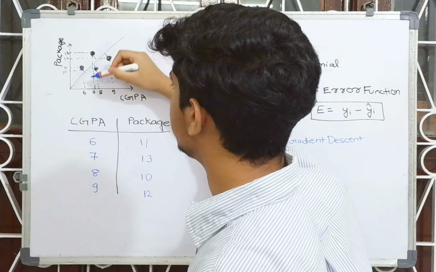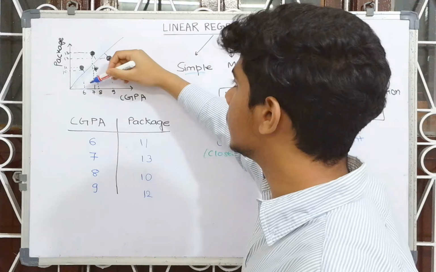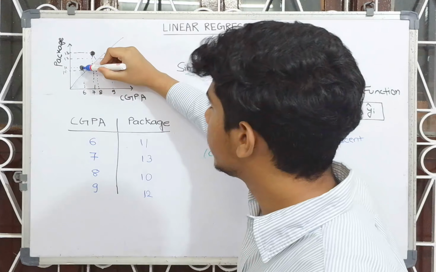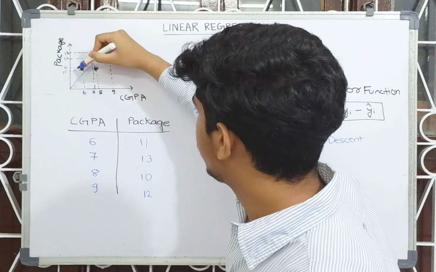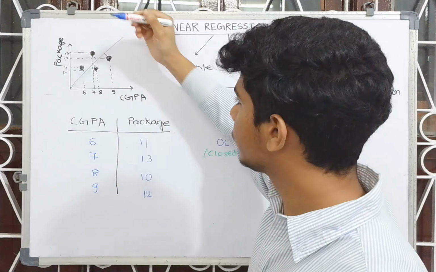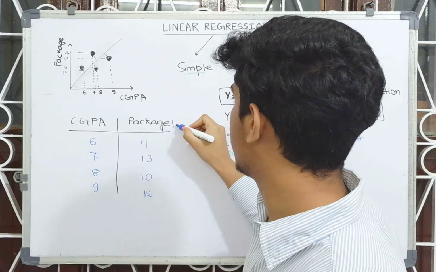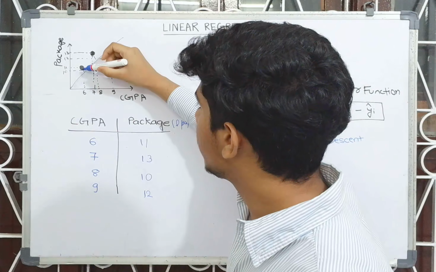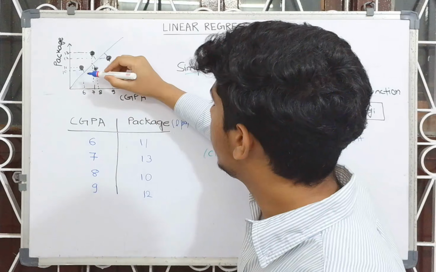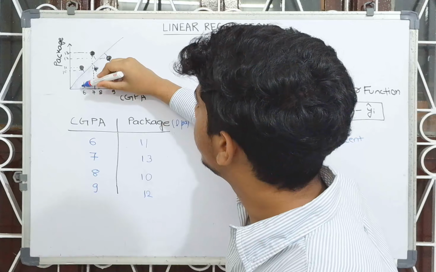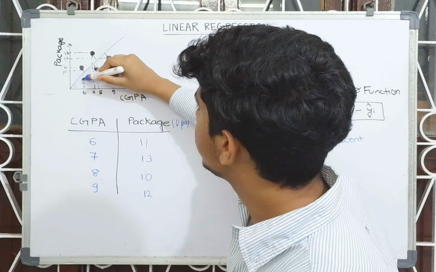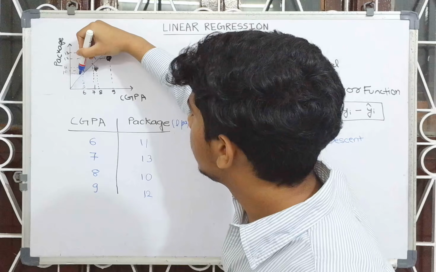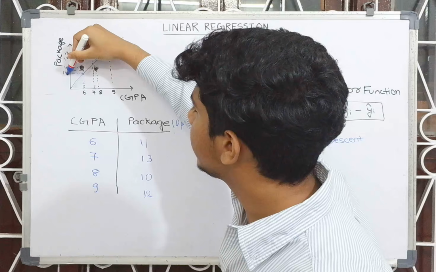Here you can see the package of the student with CGPA 6. He has got a package of 11 LPA. This package is in LPA, but if we draw a dotted line from the point to the line, we can see that he should get nearly 9 LPA.